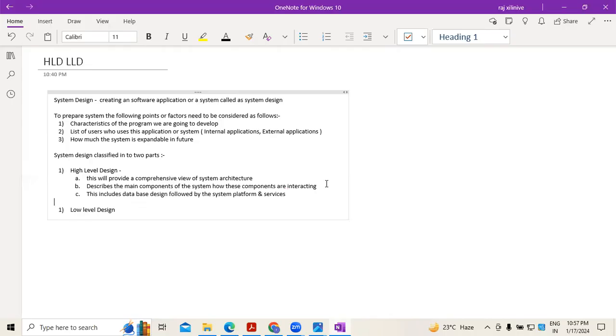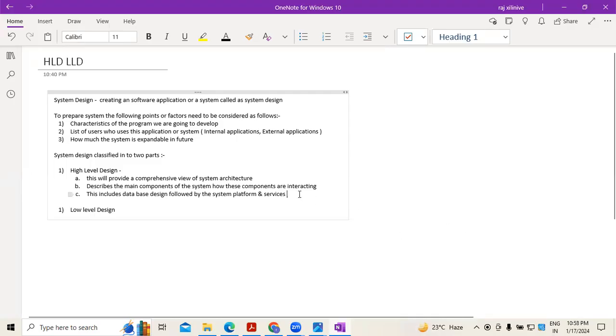It's not only about the components and how they interact, but we must also be in a position to understand what designs are included in high level design. Normally, database design is something we have to design, right? So database designing is also part of the high level design.